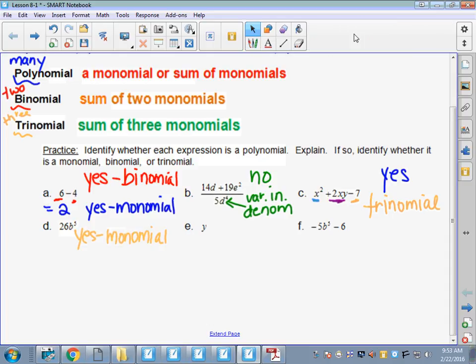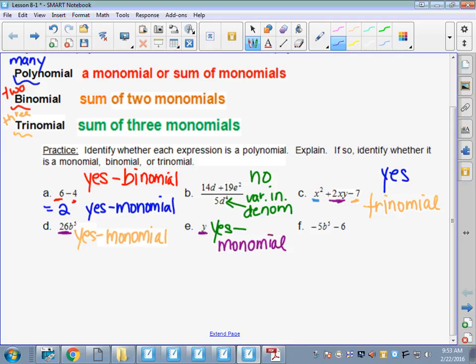Remember, one term can be things multiplied together. Letter E, is a plain old y a polynomial? Yes. And how many terms are there? In other words, is it a monomial, binomial, or trinomial? That one's a monomial. One term, y is all on its lonesome. Same with D, 26b to the 5th is all by its lonesome, even though it has more parts to it.